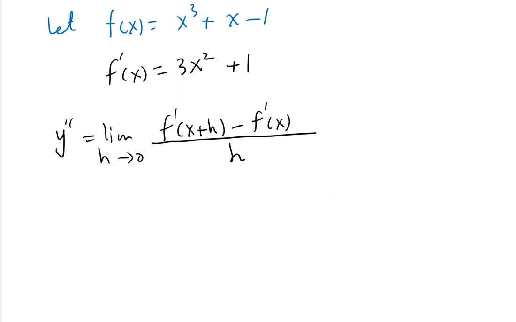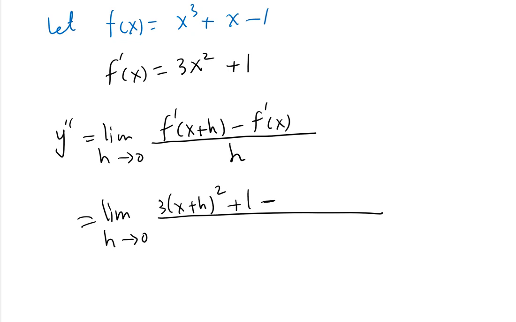And how do we finish that up? Well, we look at f prime, the function, we replace every x with x plus h, squared, plus 1, minus the derivative itself, all over h.